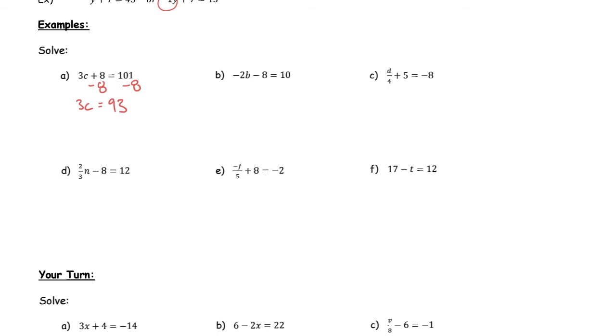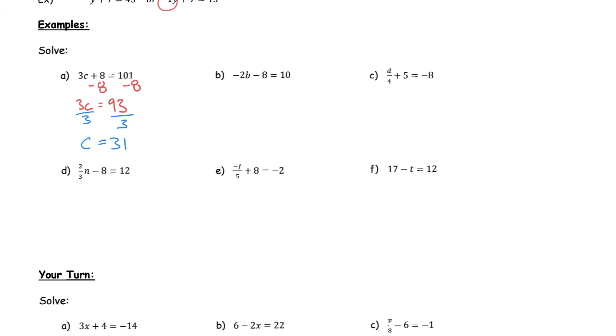Now that I've gotten rid of the second term using addition or subtraction, I'm going to get rid of the coefficient. Because it's 3 multiplied by c, I'm going to use division, and I will get that c is equal to 31. I can double check that by plugging it back in to verify it.